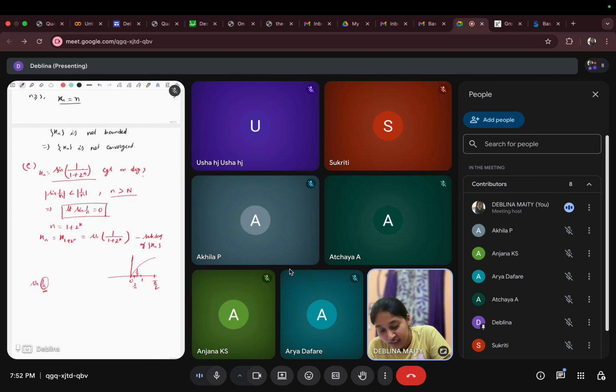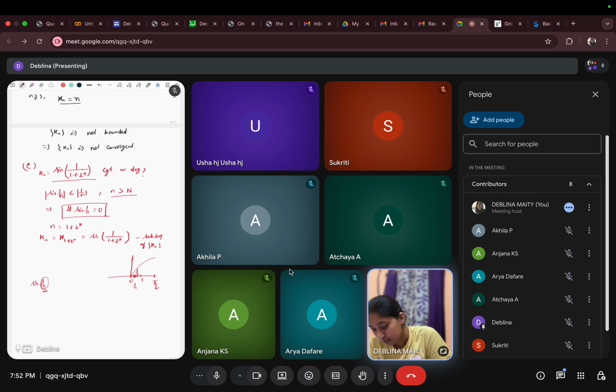So here it is continuous also, and when n goes to infinity, 1 by n is going to 0. So it is going to be very close to 0. That's why it is convergent. We are not taking sine x. X is not arbitrary. X is 1 by n. Do you understand now? Yeah, got it.